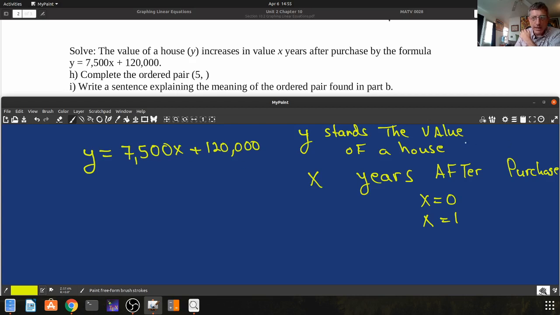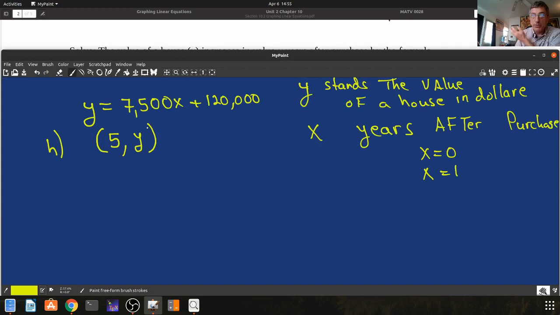And Y is the value of a house in dollars. So they want us, given that X is equal to 5, to find the corresponding value of Y. So that's going to correspond to, after 5 years, how much is your home worth?